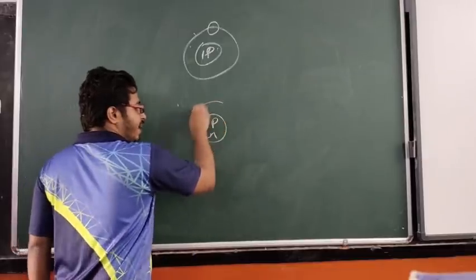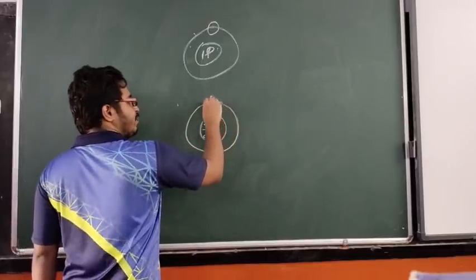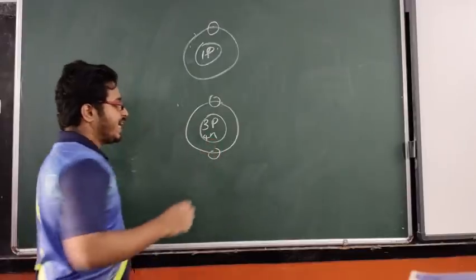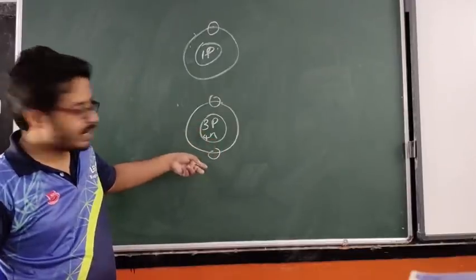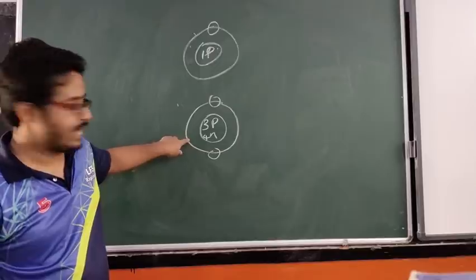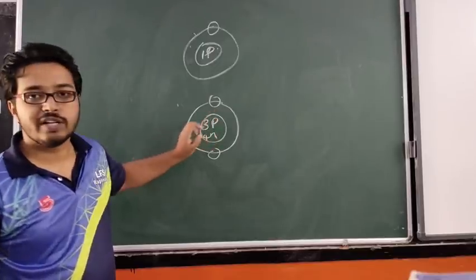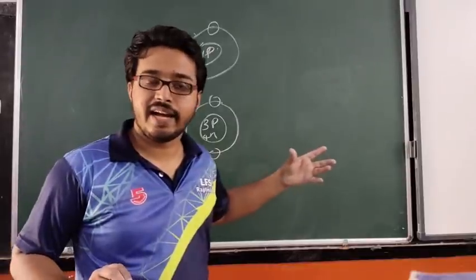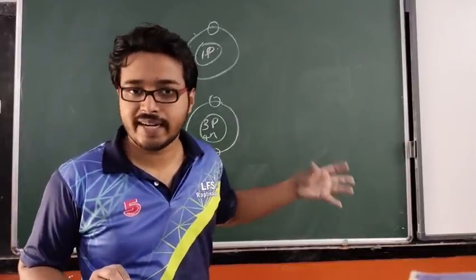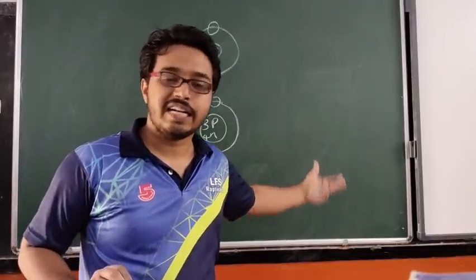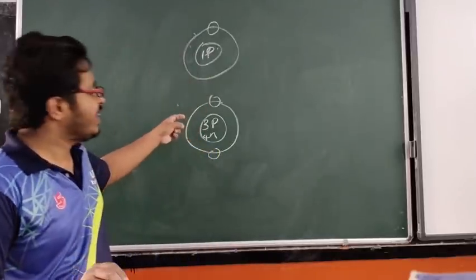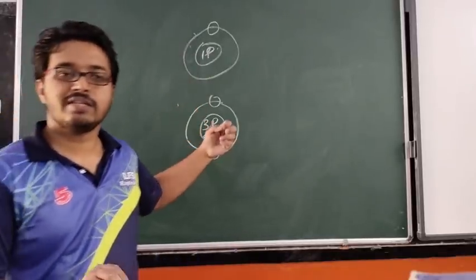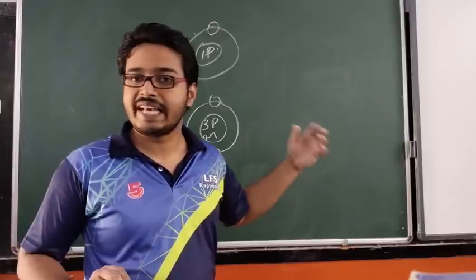So what happens here is, suppose all the 3 electrons were in the same shell, then the nucleus would have attracted the electrons more properly and the size of the atom must have decreased. But the problem is, more than 2 electrons are not able to stay in the K shell.